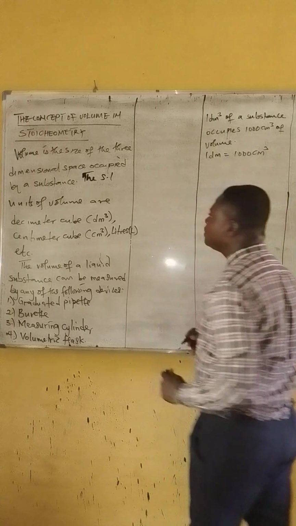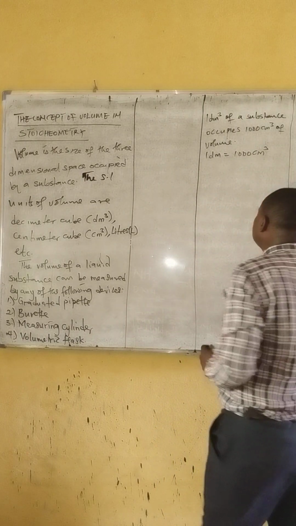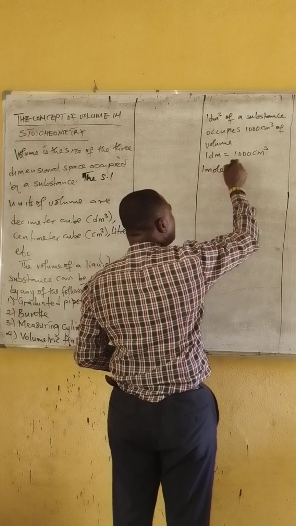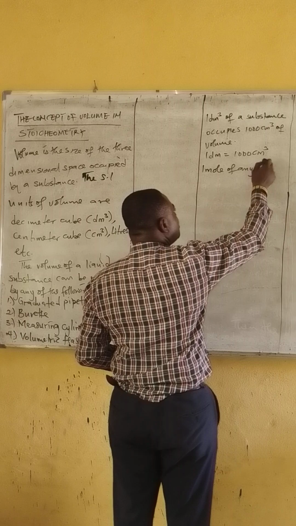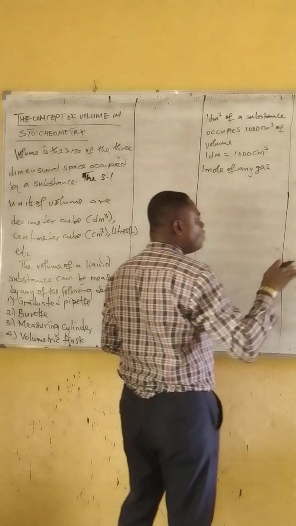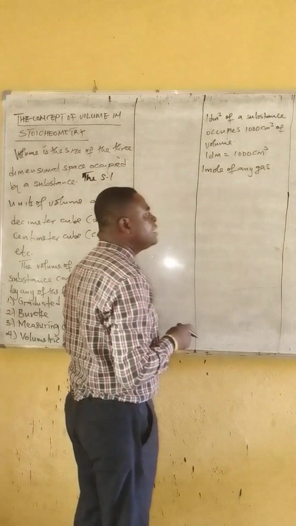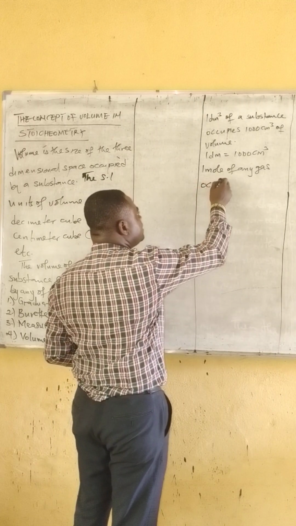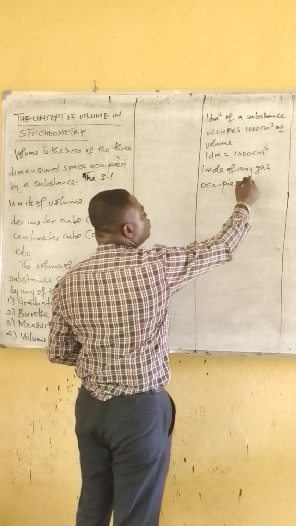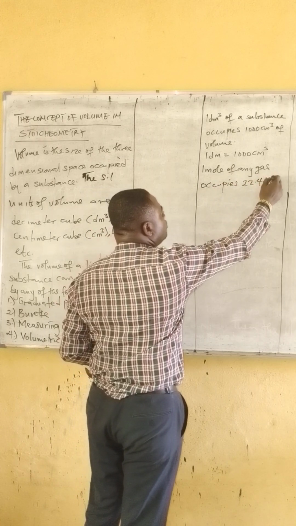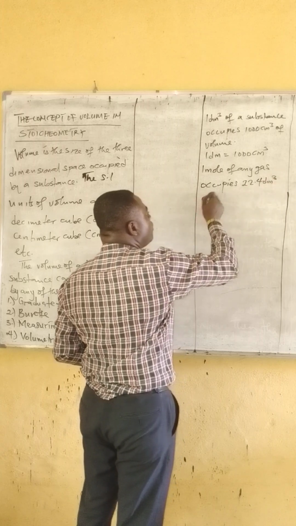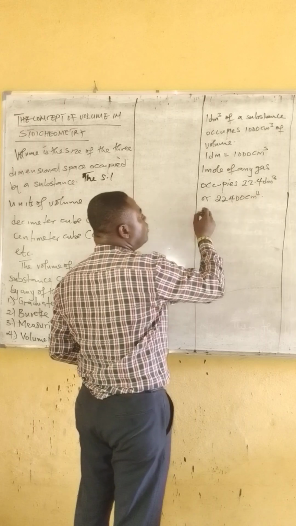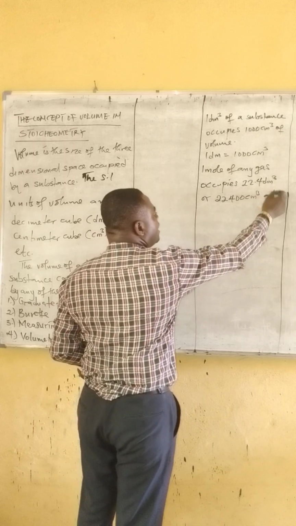Take note of that. Then another important thing is 1 mole of any gas. It doesn't matter whether the gas is hydrogen, oxygen, or nitrogen. 1 mole of any gas occupies 22.4 dm cube or 22,400 cm cube at STP.